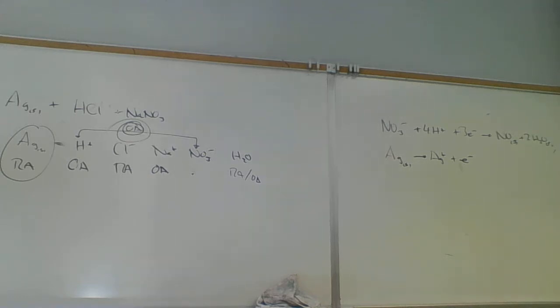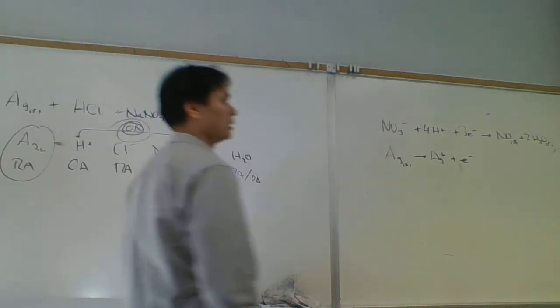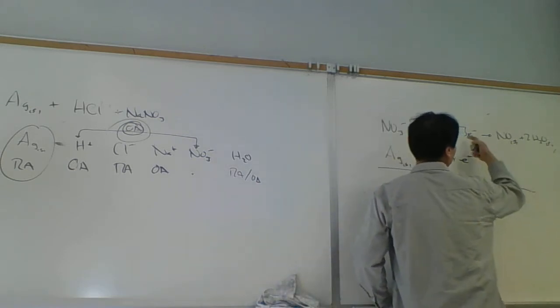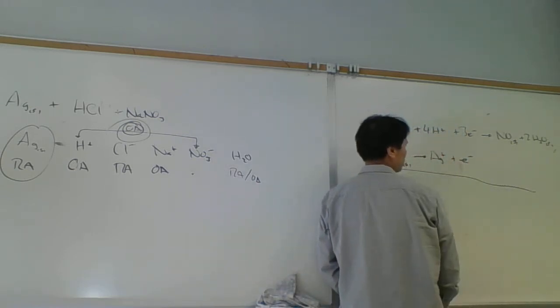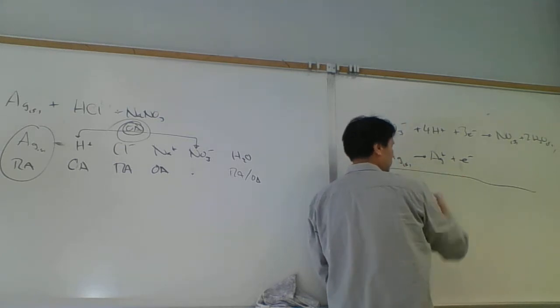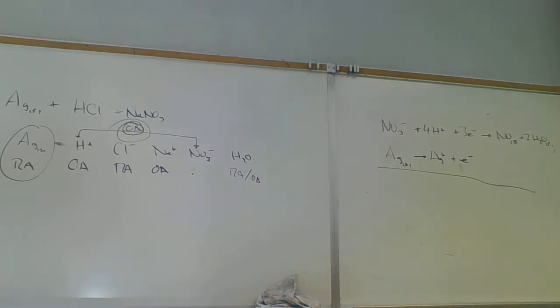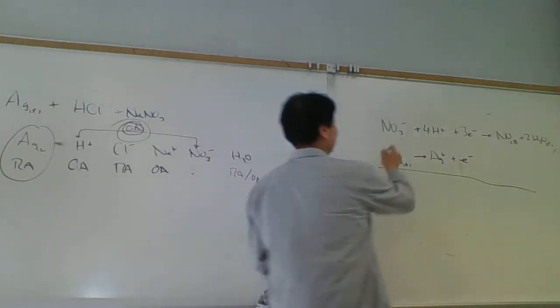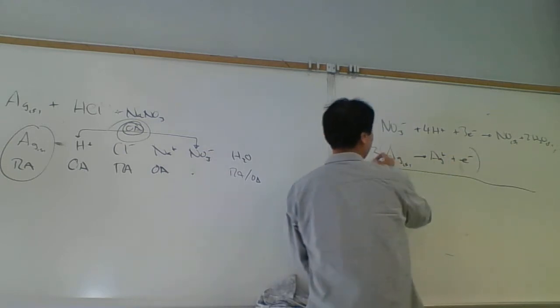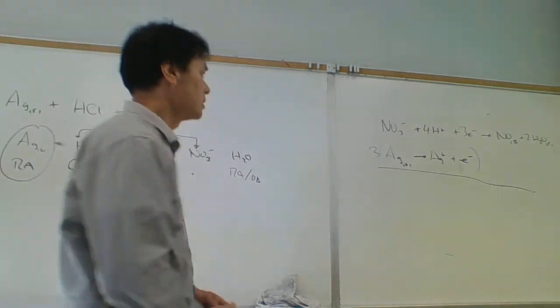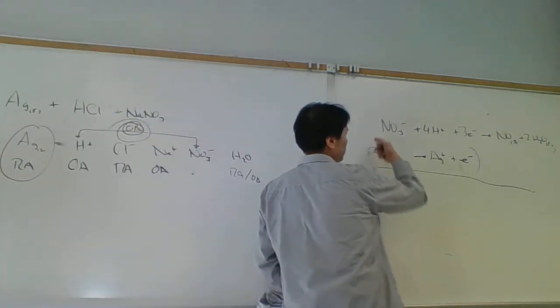I need to combine these half reactions such that the electrons lost equals electrons gained. That is, over here I gain 3 electrons, something has to lose 3 electrons. Well, that's going to be silver, but silver here only loses 1. Well, that's an easy fix. We'll just triple it. So if we triple this second reaction, then we'll get 3 electrons lost and 3 electrons gained from the first reaction. And then we'll just combine these.